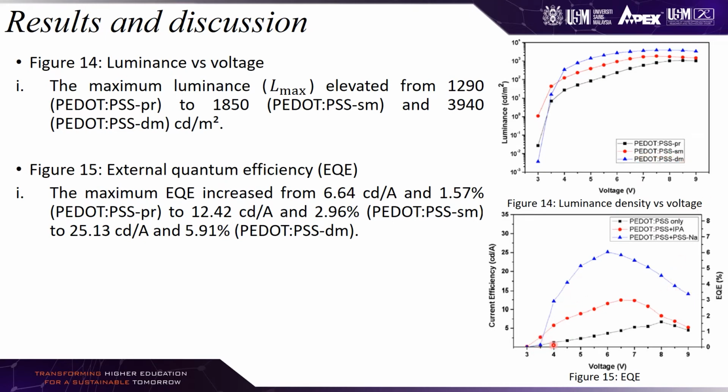The black line is PEDOT:PSS pristine, which is a pristine perovskite film. So as we can see here, PEDOT:PSS-DM, the dopant modification, has a higher EQE compared to PEDOT:PSS-SM and PEDOT:PSS-PR.